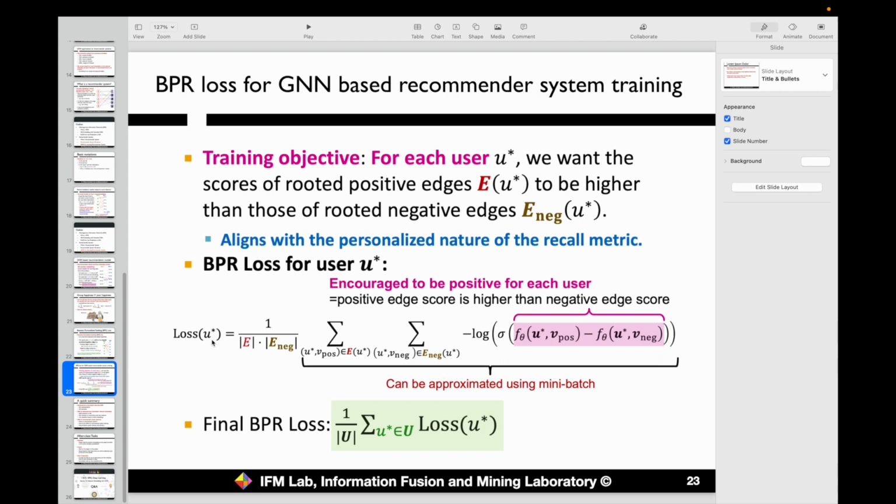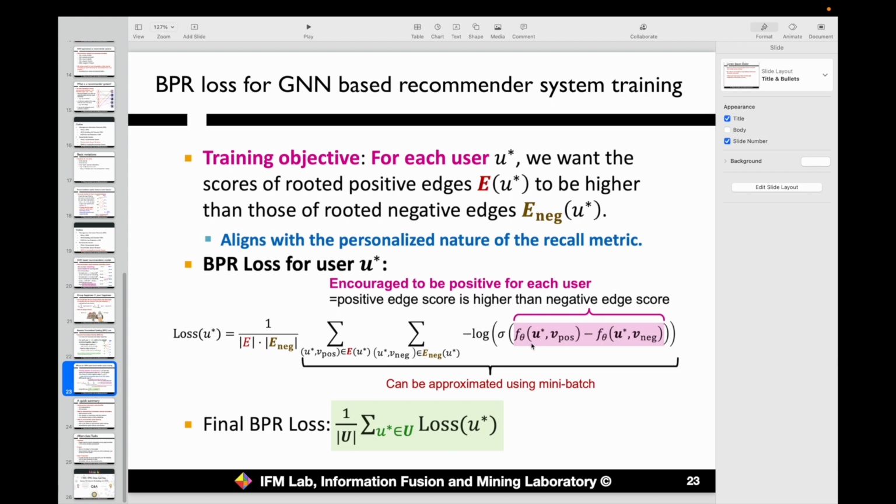We have loss u star, defined as an average score. Inside we have a summation over all the positive pairs and negative pairs in the training set. Then inside we have one term only. This term will try to distinguish the positive pairs from the negative pairs. This one denotes the score we define for the positive user item pairs, right?